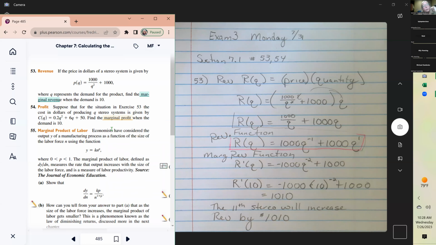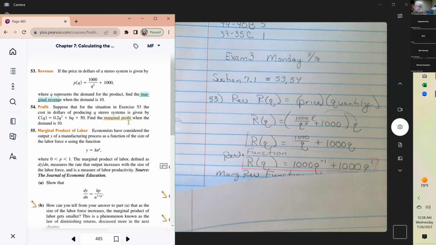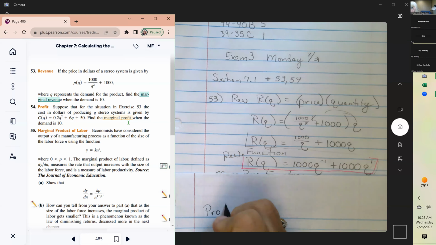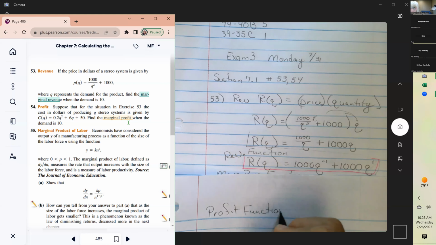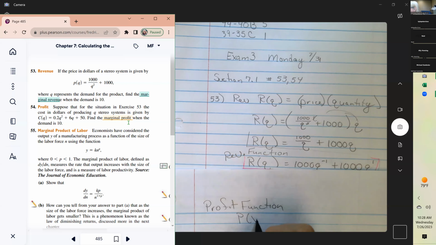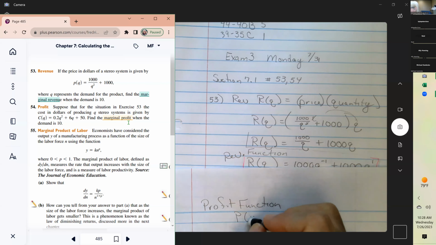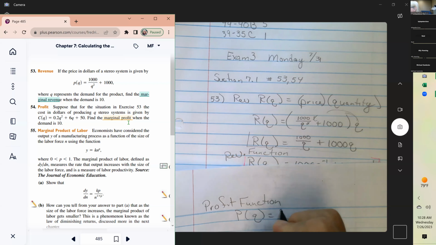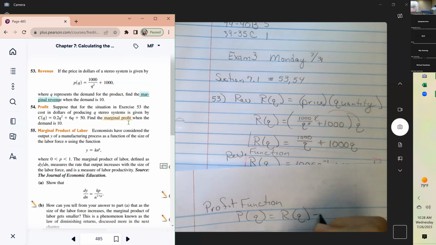So in this case, we're finding, again, marginal derivative, but for the profit function. To find the profit function, remember profit. I'll use Q's since we have Q's. Profit is revenue minus cost.